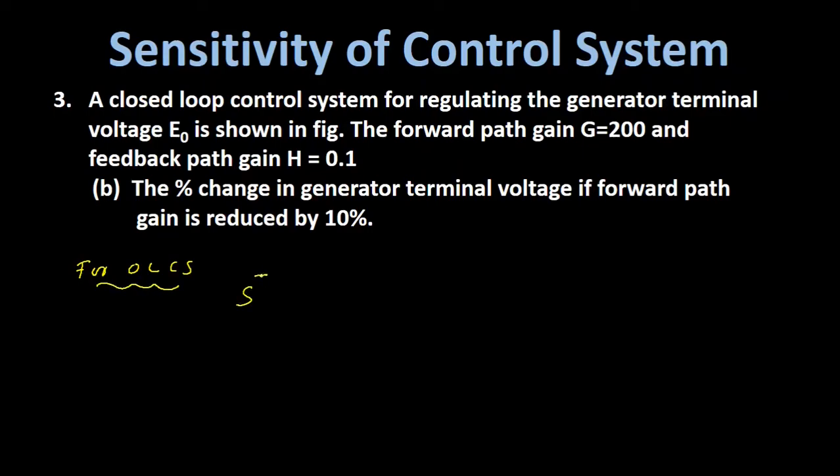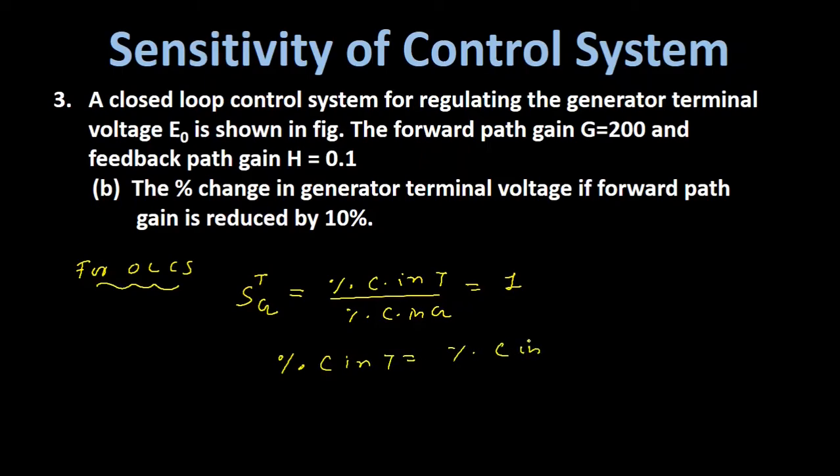If we find out the percentage change in generator terminal voltage for open loop control system, we know that the sensitivity of T with respect to G will be equal to percentage change in T divided by percentage change in G, equal to, for open loop control system, S_T^G is equal to 1 we got. So from this equation we will get percentage change in T is equal to percentage change in G, and here the percentage change in G is equal to 10%.